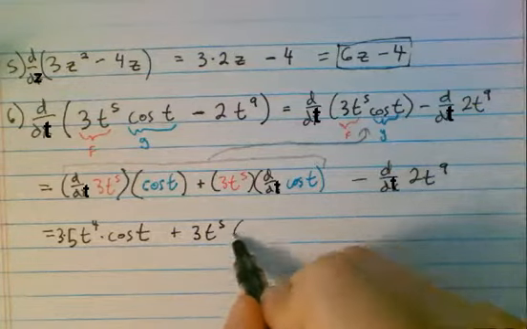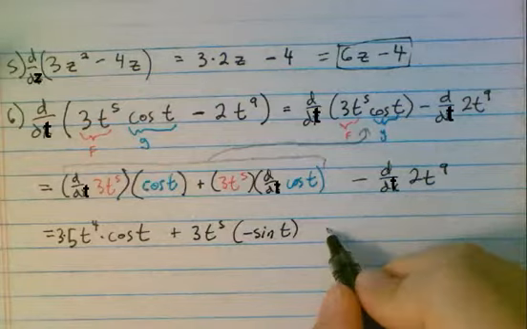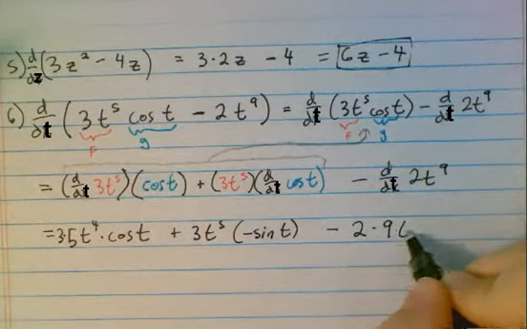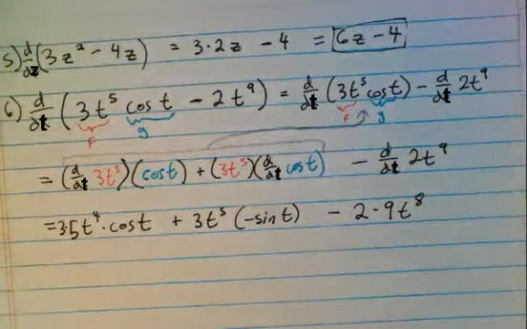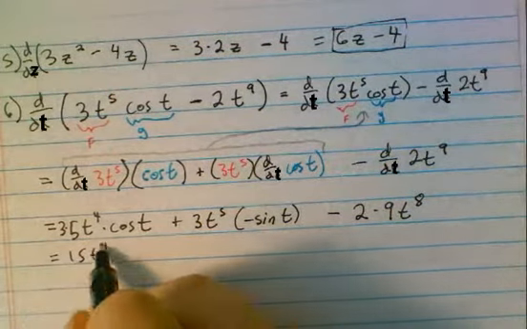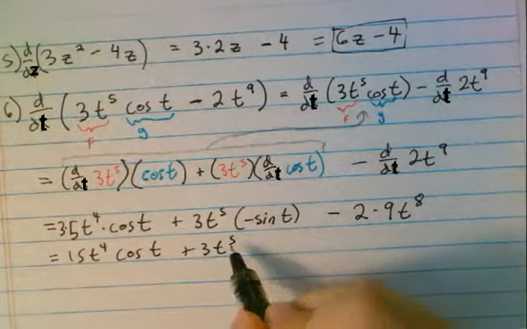The derivative of cosine is negative sine of t. And then when I take this derivative, that 2 is along for the ride, bring down the 9, subtract 1 from the exponent.